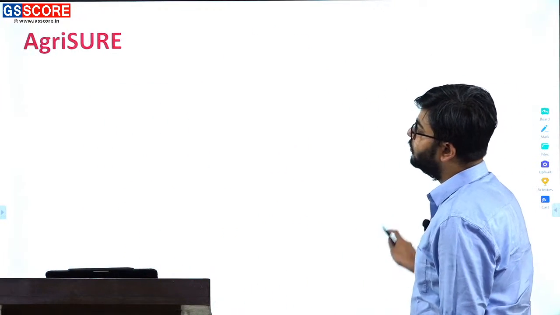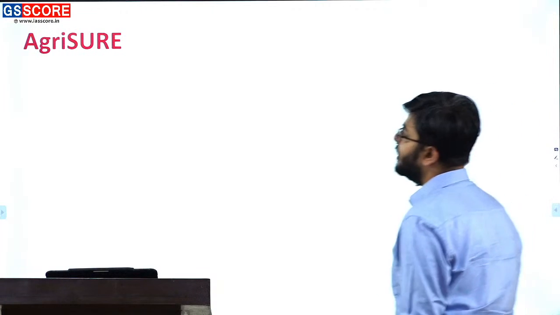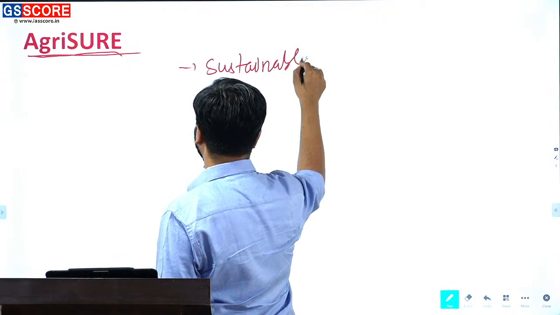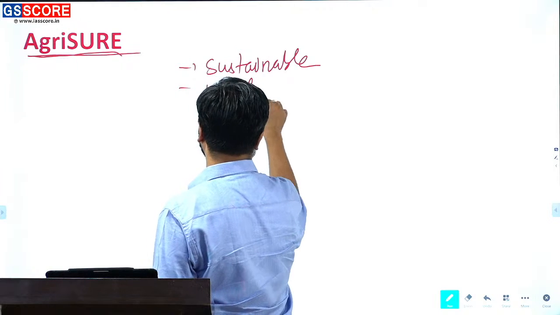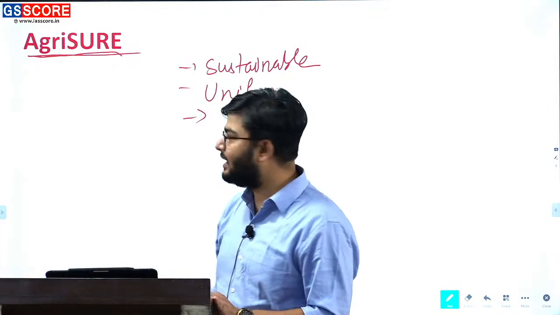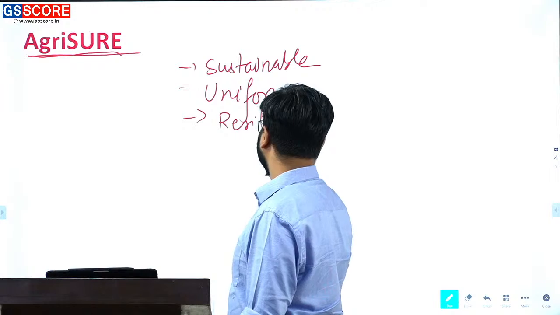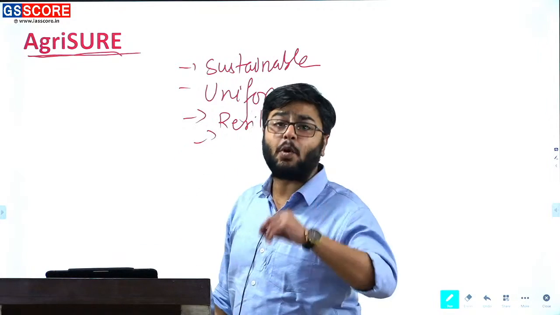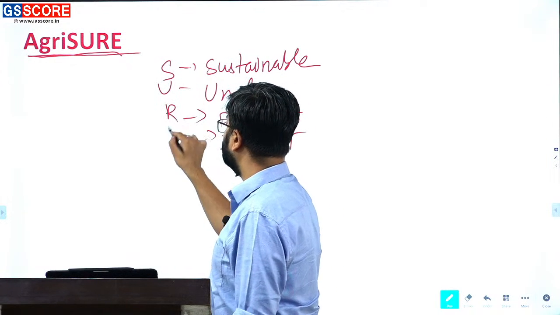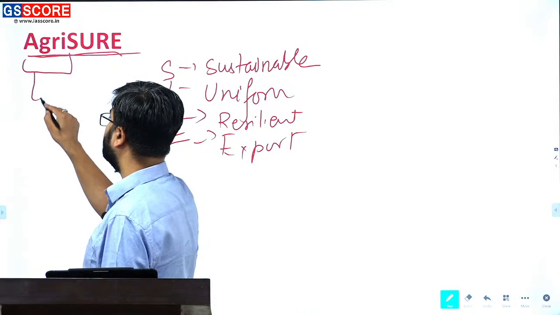Moving further to the next one, that is Agrisure. It is for sustainable, uniform, resilient, export oriented agriculture, and that is where the sure is coming, and agri for agriculture.